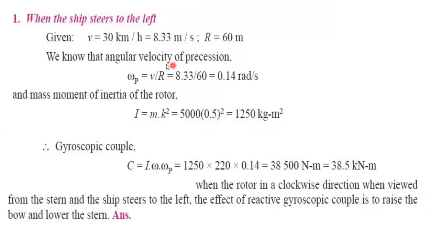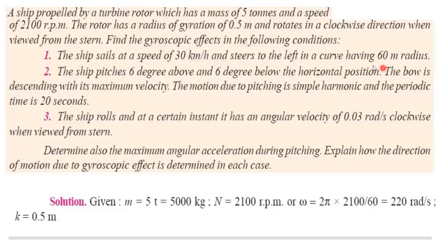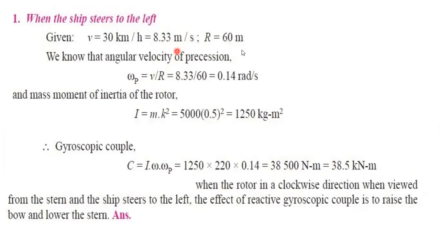Convert 30 km per hour into meter per second by multiplying by 1000 divided by 3600. For kilometer you multiply by 1000, and for hour it's 60 into 60, so 3600. Finally you will get a value of 8.33 meter per second. It has taken a left turn with a curve radius of 60 meter, so r is equal to 60 meter.